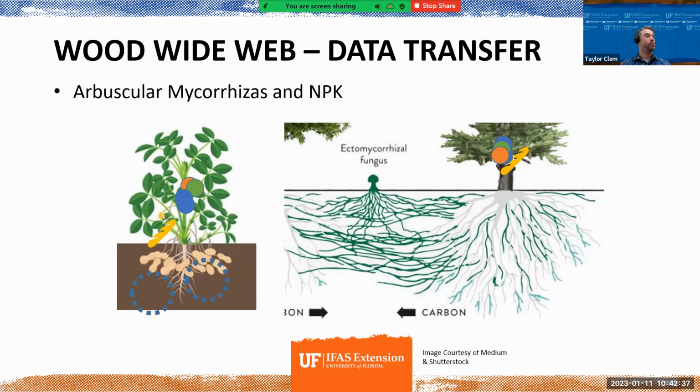So if we have mushrooms growing in our garden, it does not necessarily mean it is a bad thing. Some are parasitic and they do lead to some issues, like an example of a sac fungi is the black spot for roses. So you obviously don't want that one.